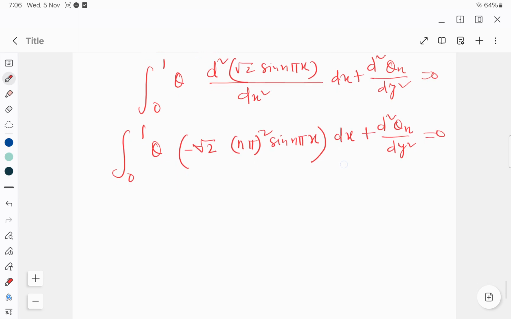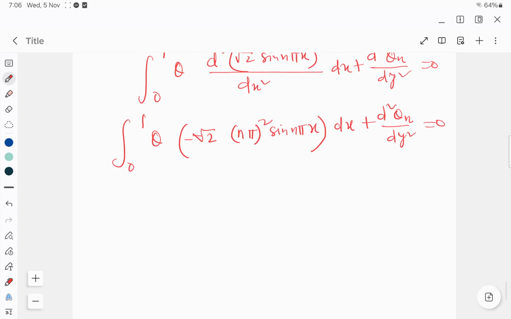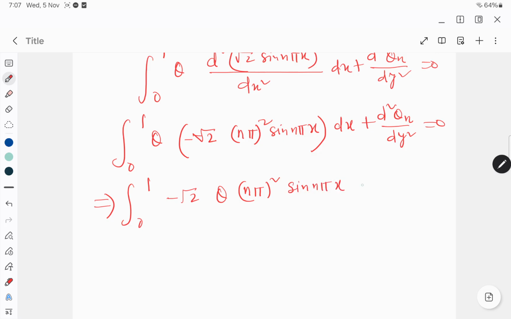So this is integral 0 to 1, further simplifying, minus root 2 theta, and n pi is square, and this is sin n pi x dx plus d2 theta n over dy square is equal to 0.